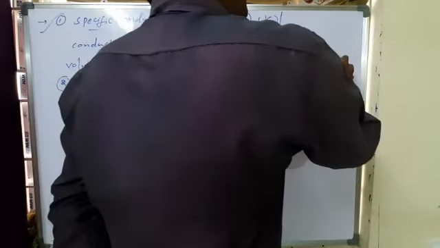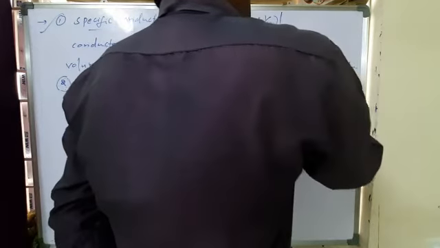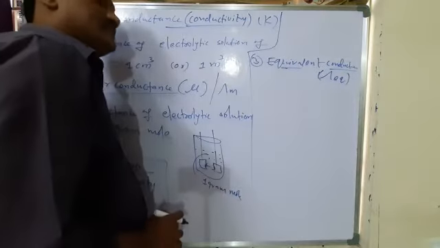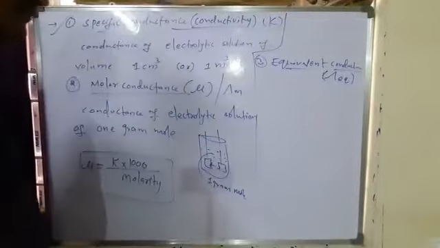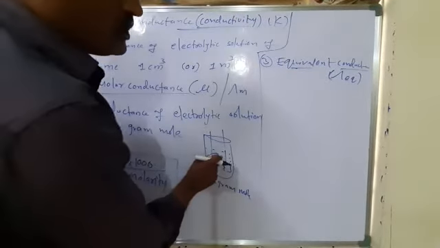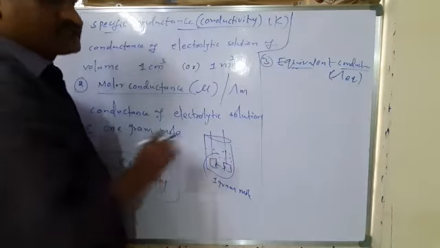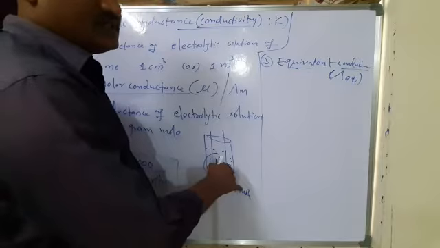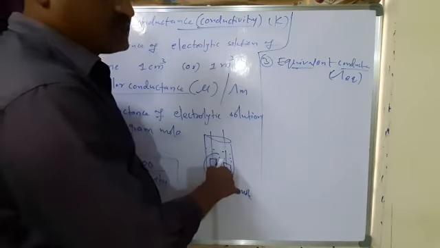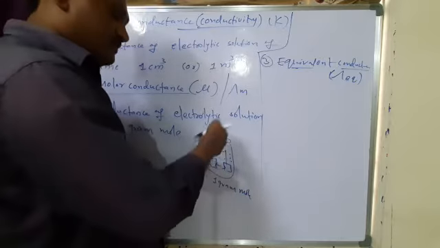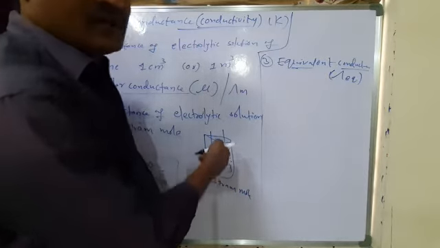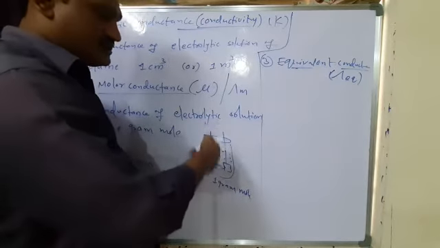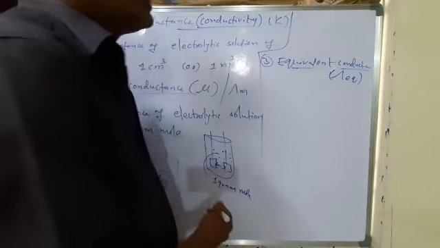Equivalent conductance is the conductance of an electrolytic solution containing 1 gram equivalent of electrolyte in the conductivity cell, with plates separated by 1 unit distance and cross-sectional area of 1 unit. If we place 1 gram equivalent of electrolyte, the conductance of that solution is called equivalent conductance.